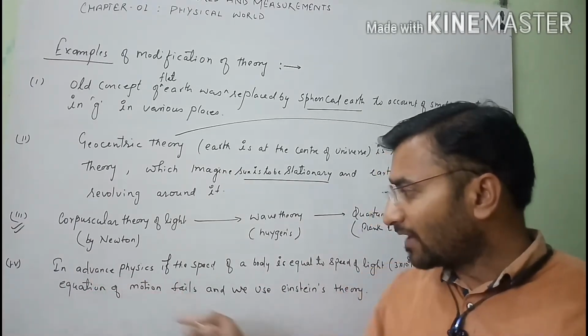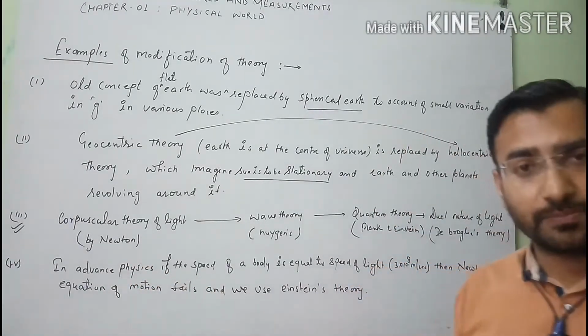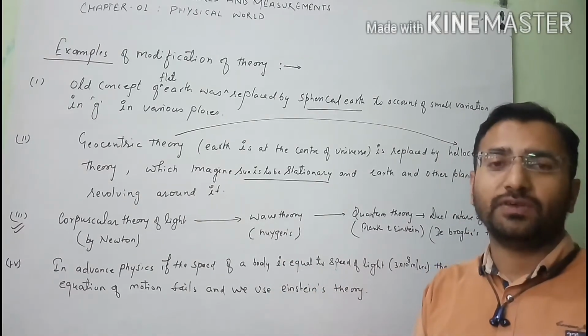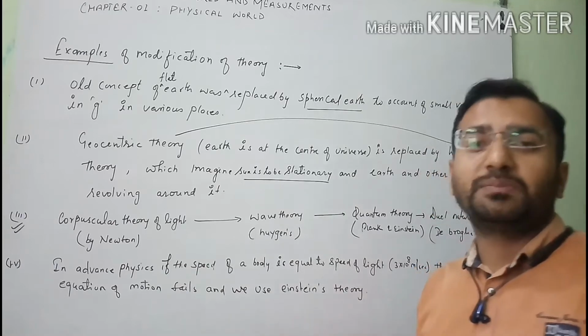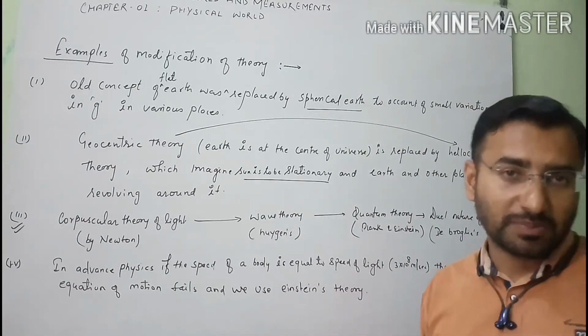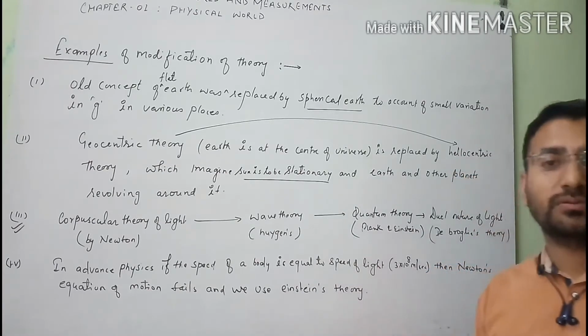So here, student, the last one is that in advanced physics we know that if an object is moving with some speed v and u, then its speed and location, meaning displacement and acceleration, are measured by Newton's equations.